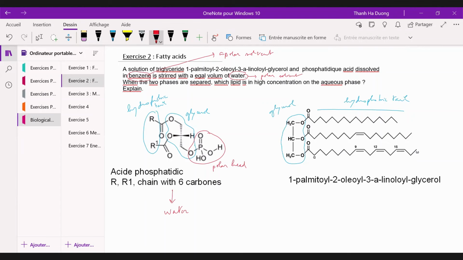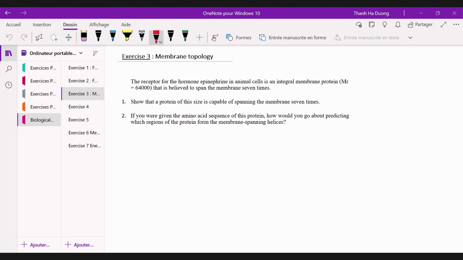So this has a polar head, so it will have a high concentration in water, and this one has only hydrophobic tails, so it will stay in benzene. Okay? It depends on the interaction, always. Okay.